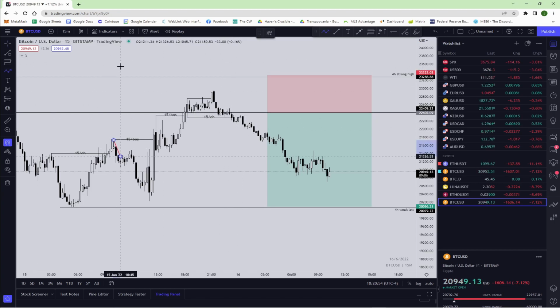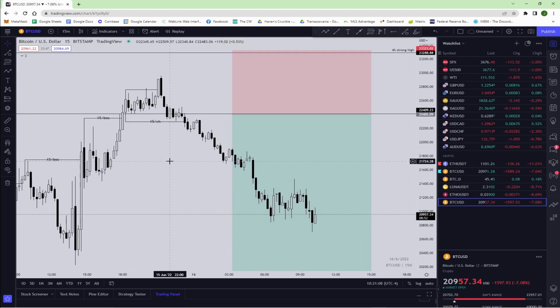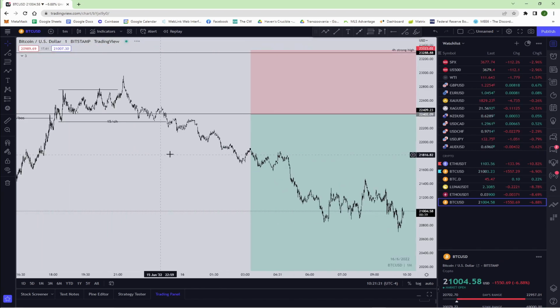Every time you see this, there's a pullback. So you're trying to time that pullback. So when you see that CHoCH, you're now looking for where to enter. The price will continue down, and then there's going to be a pullback. Now, if you want to get real crazy, see if I can find this on the 1 minute. This is where it gets tricky.